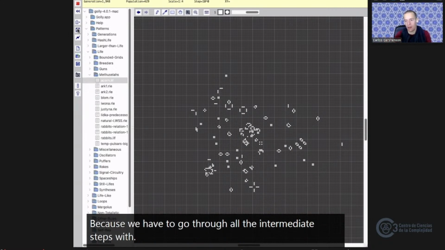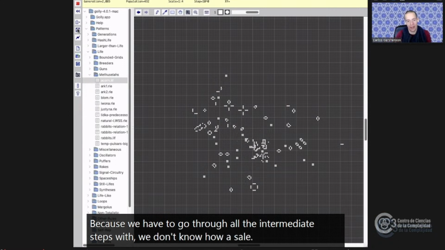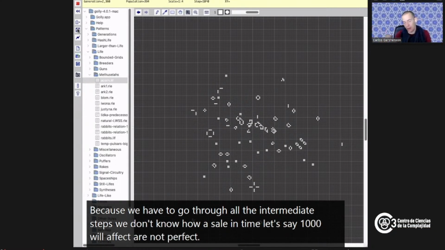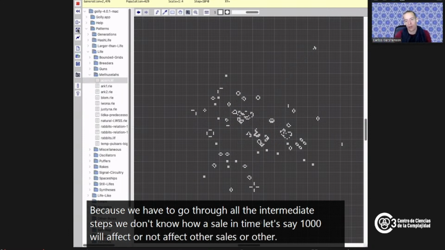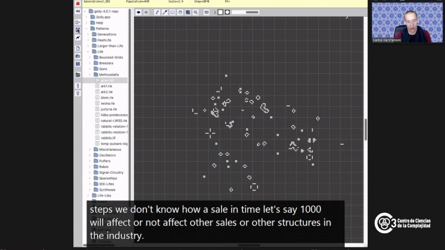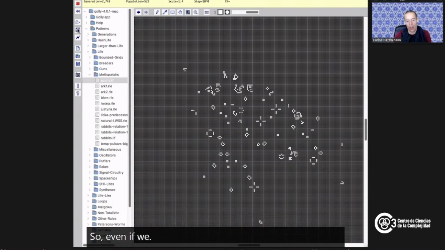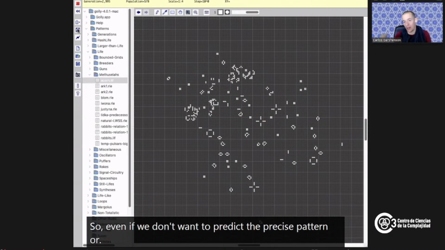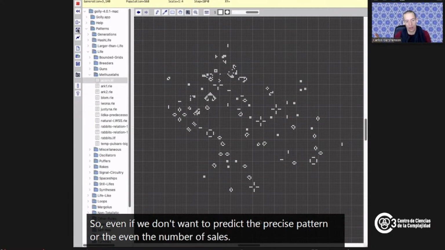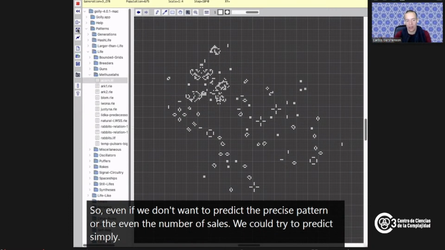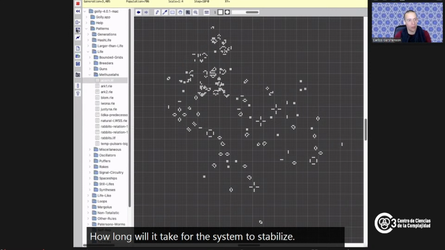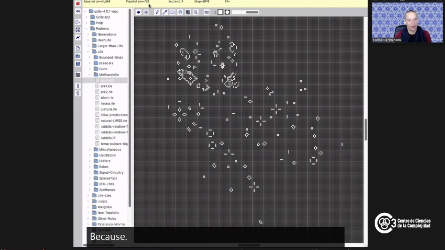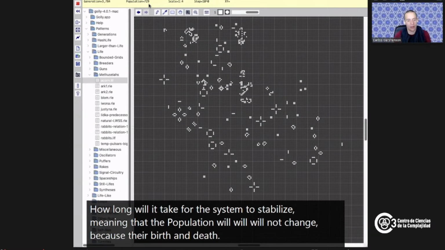We don't know how a cell at time, let's say 1000, will affect or not affect other cells or other structures in the future. So even if we don't want to predict the precise pattern or even the number of cells, we could try to predict simply how long it will take for the system to stabilize, meaning that the population will not change, because there are births and deaths going on.